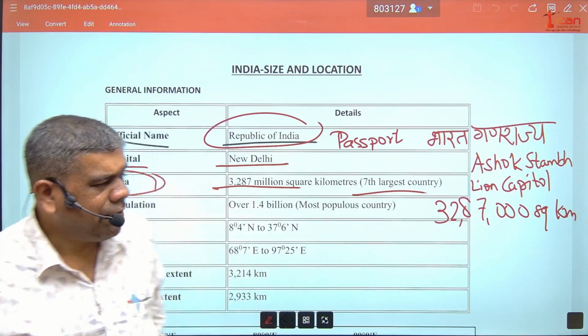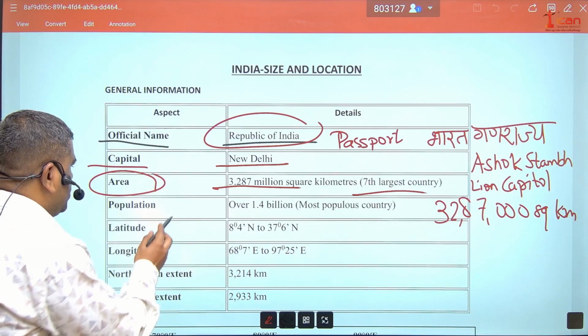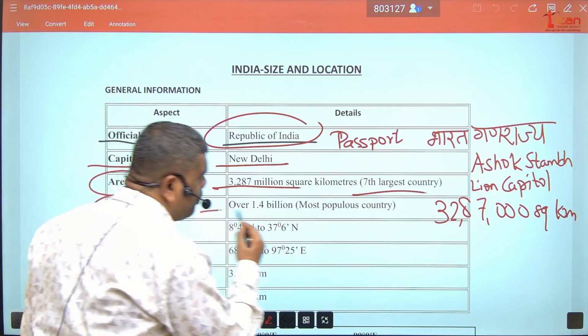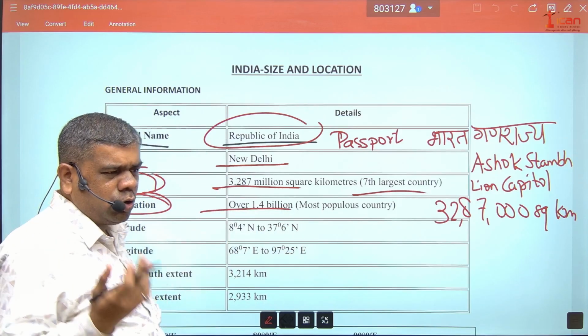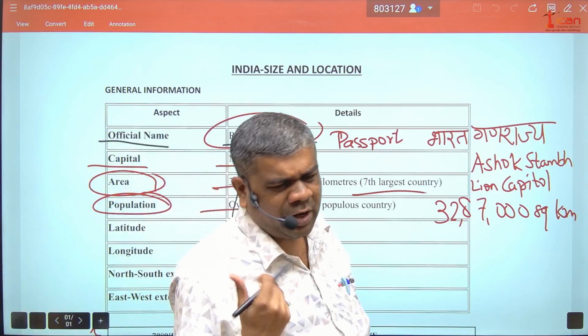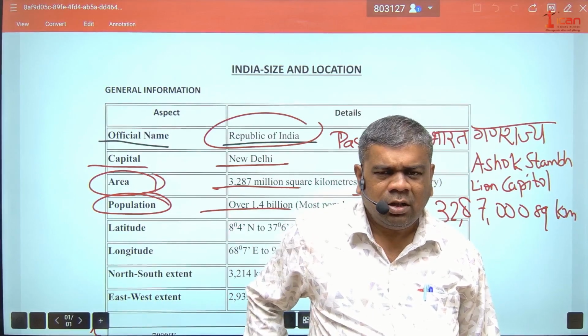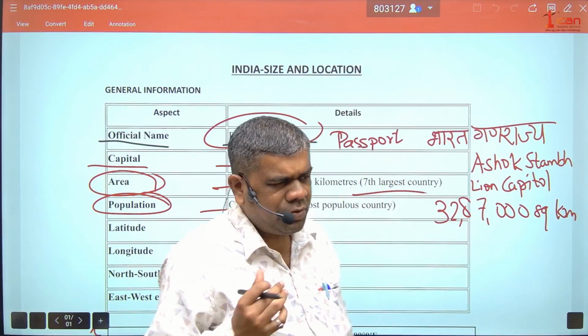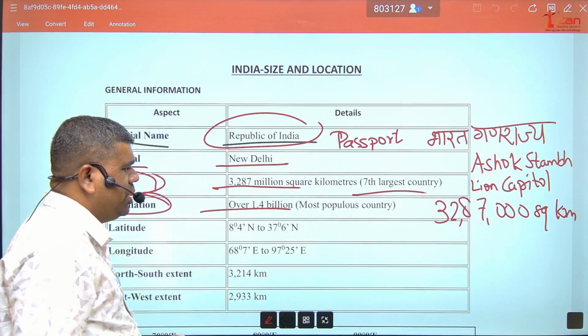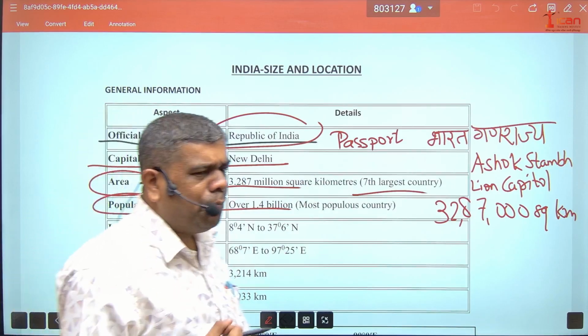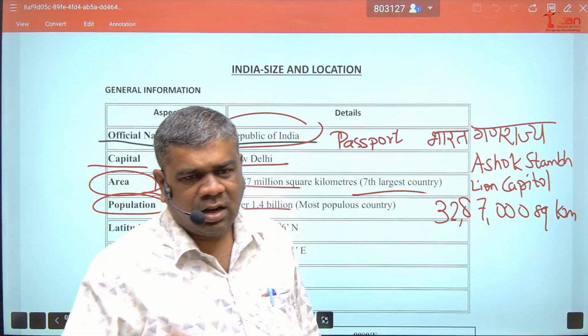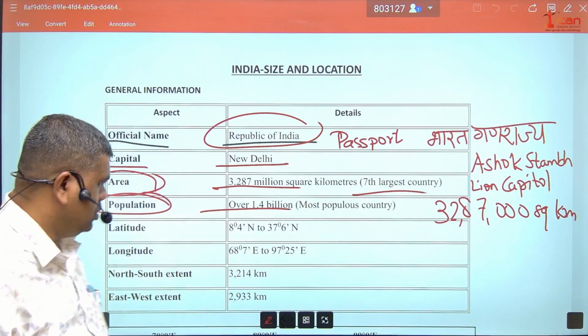Population over 1.4 billion. We just overtook China, although it's yet to be official, to become the most populous country in the world. It is 1.4 billion hearts that beat for this nation.